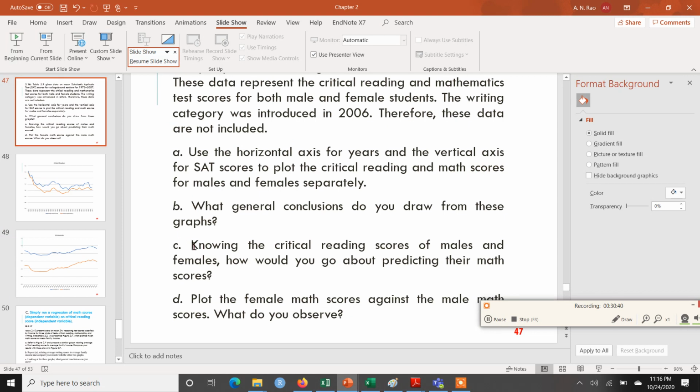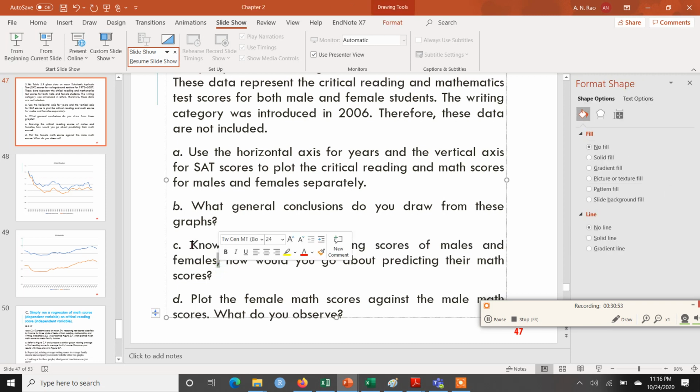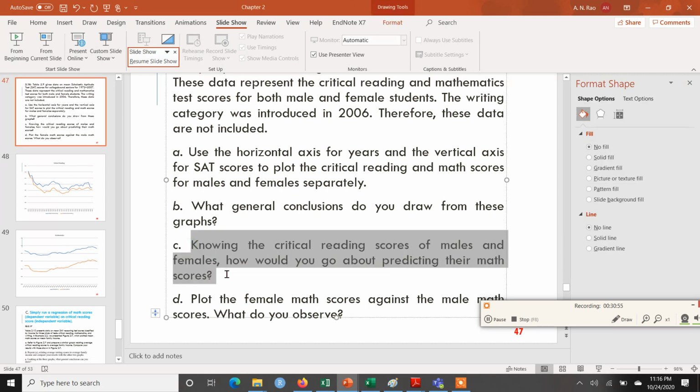If you look at part C, knowing the critical reading scores of males and females, how would you go about predicting their math score? Now in part C, this is hinting toward exploring the relationship between critical reading score and math score.